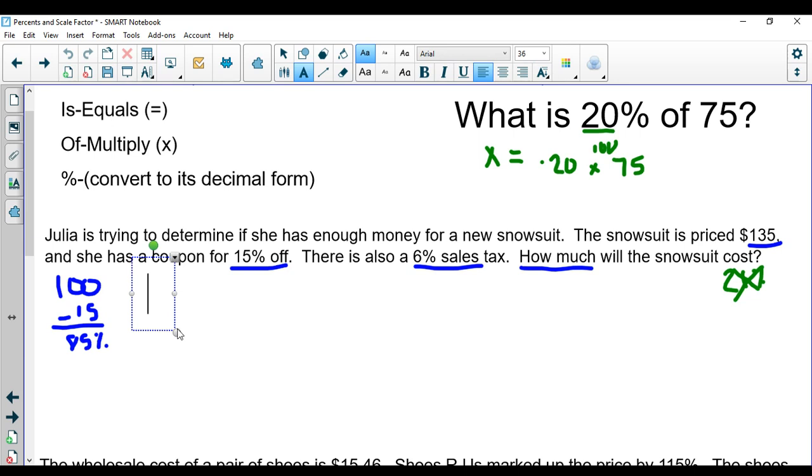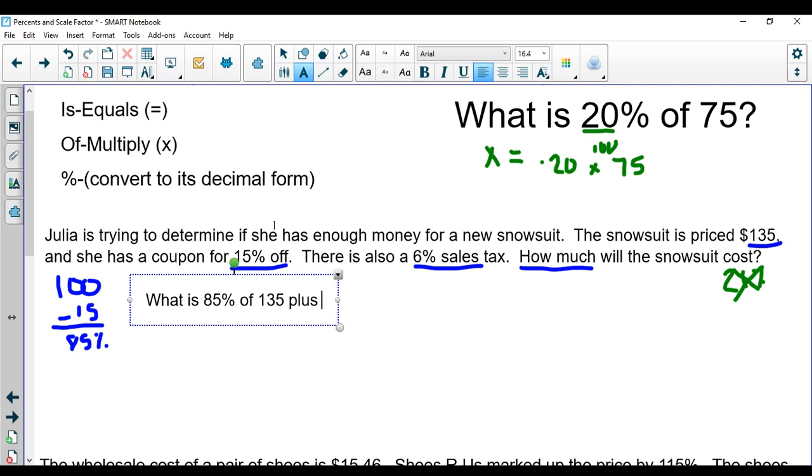So I'm going to start by writing my sentence. And what I want to know is, what is 85% of 135 plus 6% of 85% of 135.